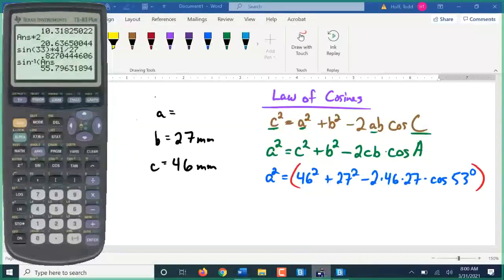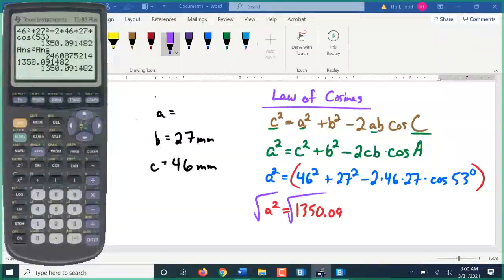And A we still have to take the square root of. 36.74 we get.